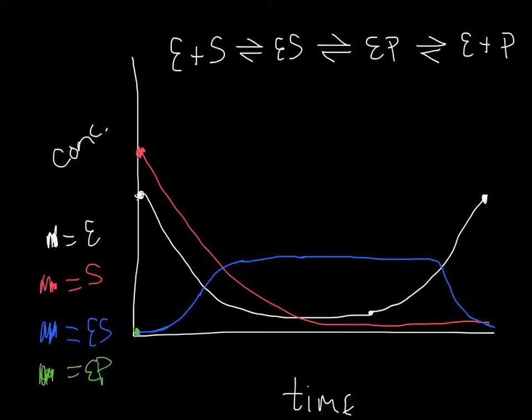It will have a lag, it's got to go up, but will its lag be shorter or longer than ES? Longer, because you have to make the ES first. And then it goes up. It may be higher than the ES concentration, maybe lower. I'm just going to draw mine higher so that we can see it better. Its plateau is going to stay a little bit longer because you use up all the ES first, and then it's also going to go down to approach 0.